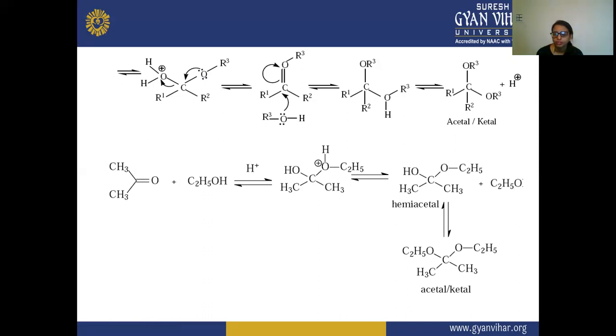Here you will see this ketone is reacting with this ethyl alcohol in the presence of the acidic catalyst, and an intermediate is formed here.